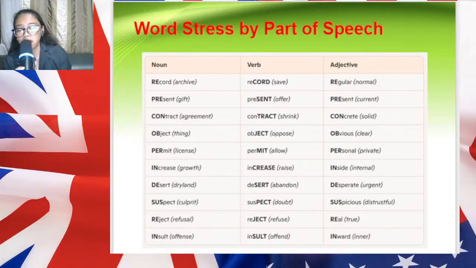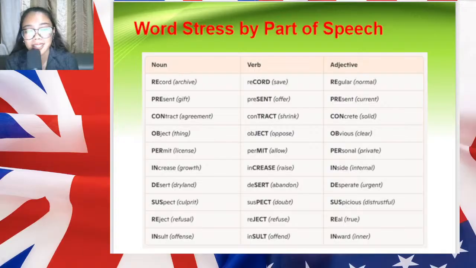I've also provided some adjective words, although it's not the same word that is practiced in the noun or verb versions. I just provided it for reference. Okay?